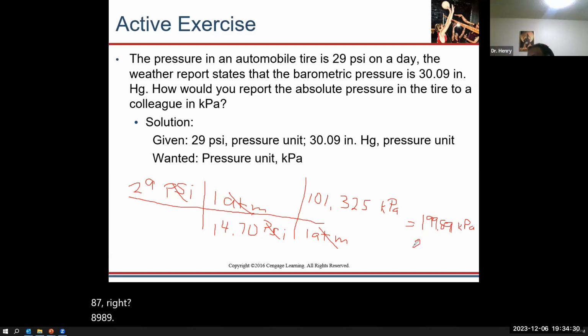So then that's going to be 2.0 times 10 to the second power. So then we have two sig figs here. And then we have our 30.09 inches of mercury.